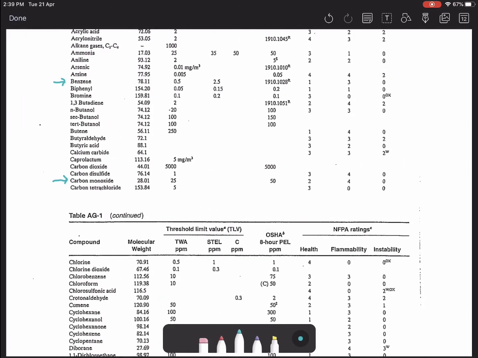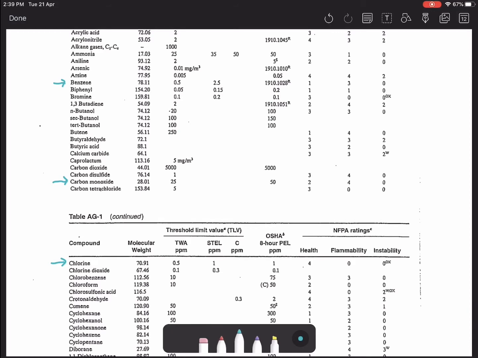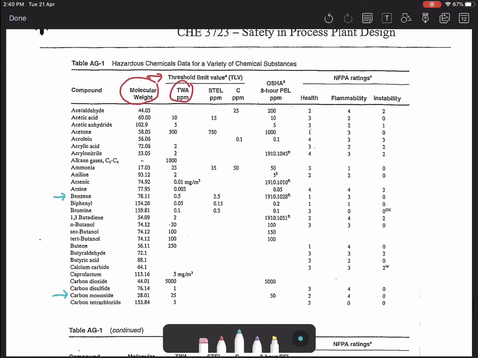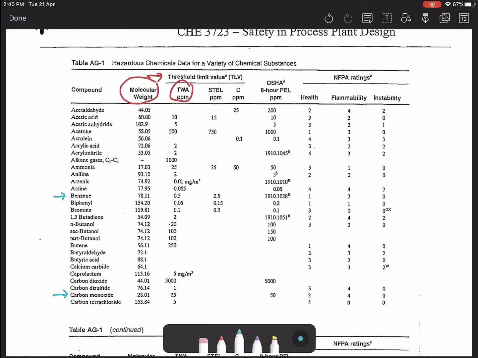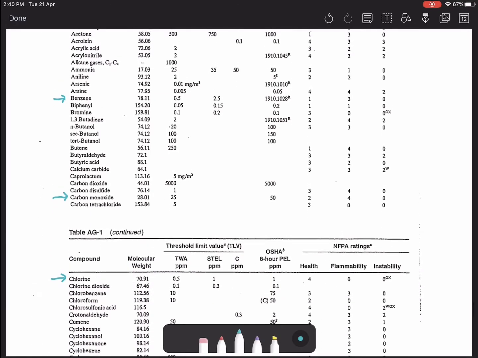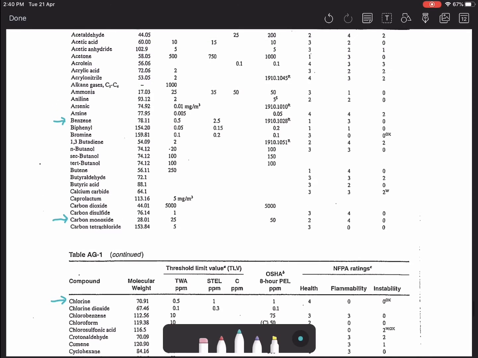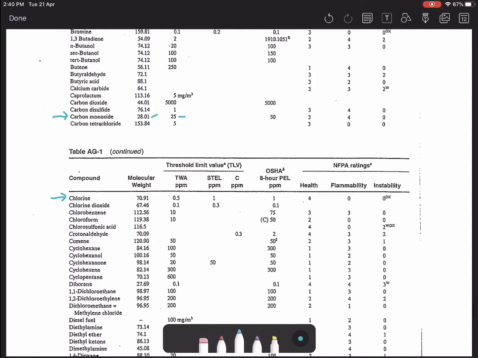Once you have the data, you convert the data back. So we need the molecular weight: 78.11 for benzene, and the TLV TWA is 0.5. For carbon monoxide, the molecular weight is 28.01, and this is the TLV TWA. Let me point it out so that we know these are the values we look at. Molecular weight for chlorine is 70.91 and TWA is 0.5 ppm.